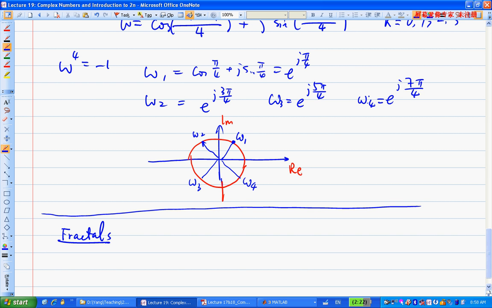How many of you know what fractal means? A fractal is basically a self-similar pattern. Let's say you have a cauliflower.